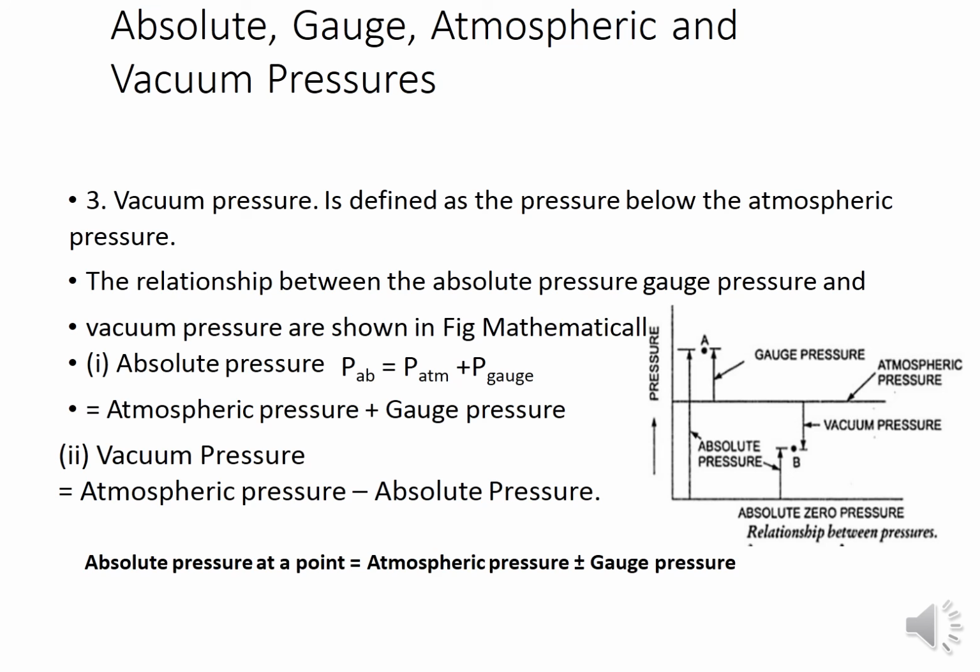Gauge pressure plus atmospheric pressure, right? So this is the thing. Vacuum pressure is defined as the pressure below the atmospheric pressure. The relationship between these: absolute pressure is equal to atmospheric pressure plus gauge pressure. Vacuum pressure is atmospheric minus absolute pressure. So these are the things.